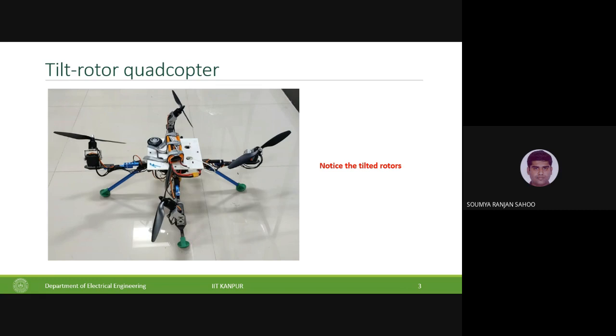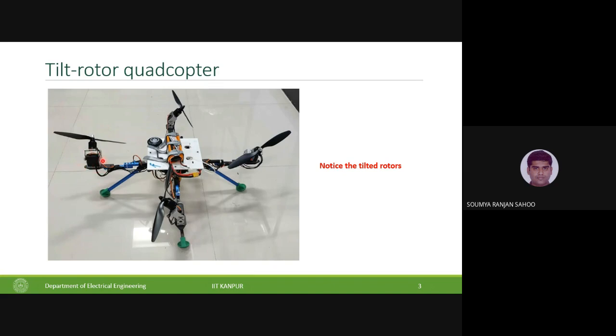Let me see if I can use a pointer. Okay, I have a laser pointer. You see these rotors here. If you look, they are tilted. This is a motor with a propeller, and we call this setup the rotor.